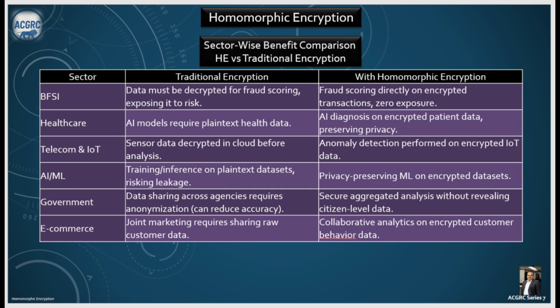Whereas with homomorphic, you can do that on encrypted patient data, thus preserving privacy. In telecom and IoT, sensor data is decrypted on the cloud before analysis. With homomorphic, anomaly detection is performed on encrypted data. So basically, all of these sectors benefit from homomorphic encryption as it is all done on encrypted data sets.